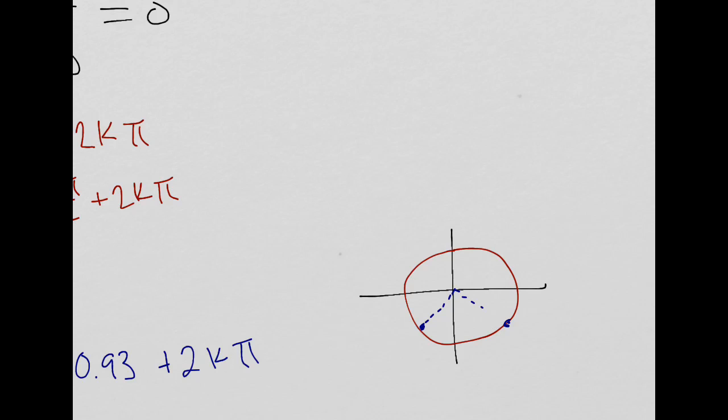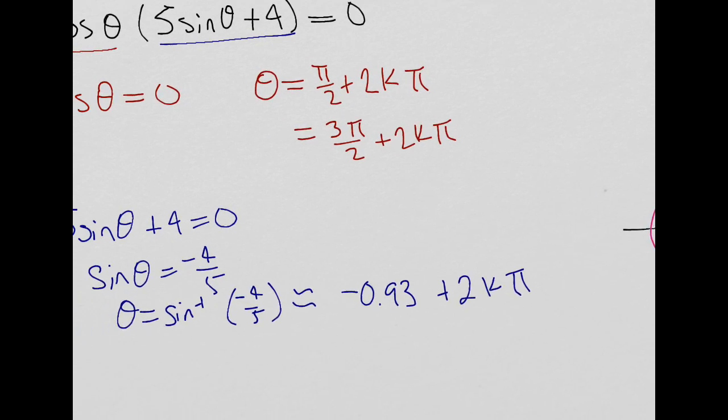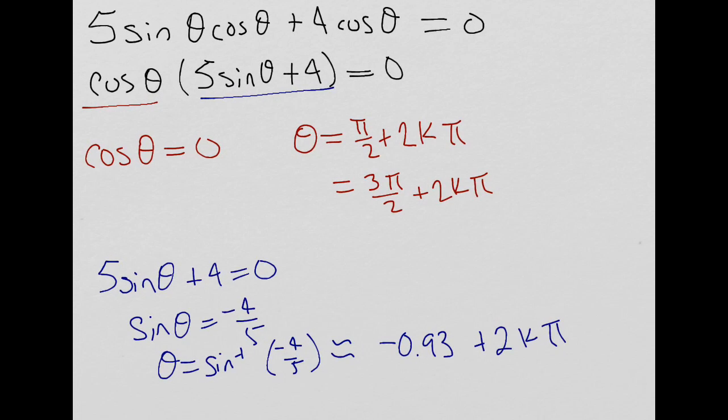Well, I know that the distance from here to here is 0.93, so the distance from here to here is 0.93. So if I start at the standard position and lap all the way around, that should be pi plus 0.93. So for my second part, pi plus 0.93 and plus 2k pi from the period of the sine.